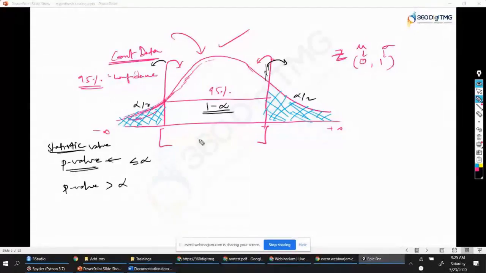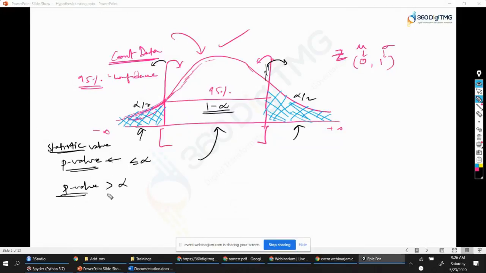The value you are getting is falling in this alpha portion. So you're basically seeing whether the result will fall here or in these portions, left tail or right tail.